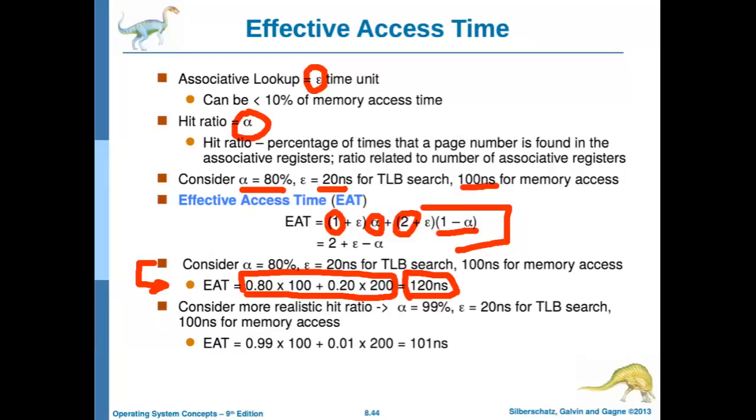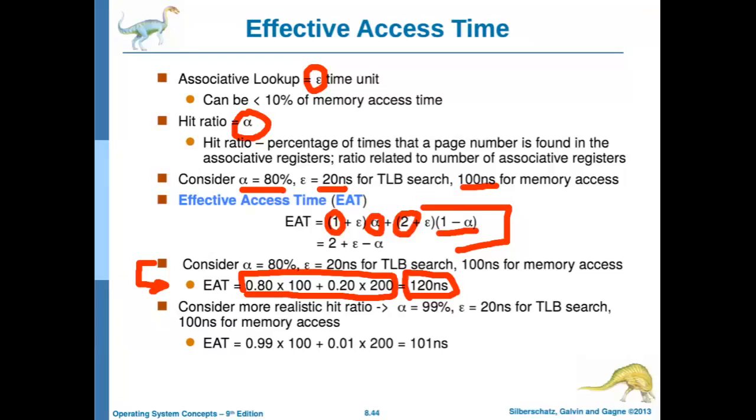Now imagine the page size is half a KB, that means 512 bytes. A TLB miss will happen just for the first access, but for the remaining 511 times, you will definitely get a TLB hit. That is the reason the more realistic hit ratio is 99%.